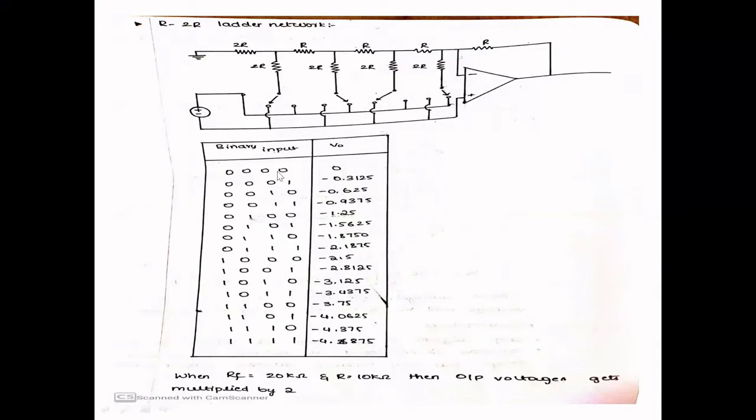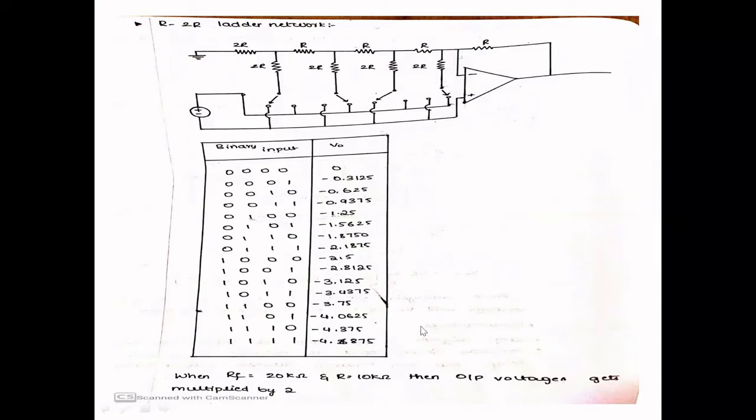So here this is your B0, B1, B2, B3 in the binary input. So you can say B3, B2, B1, B0. This would be arranged in such a way that B3, B2, B1, B0 is your binary input, and this is your B3. Only this terminal is going to be high, meaning it is connected to your voltage, and the rest are 0.